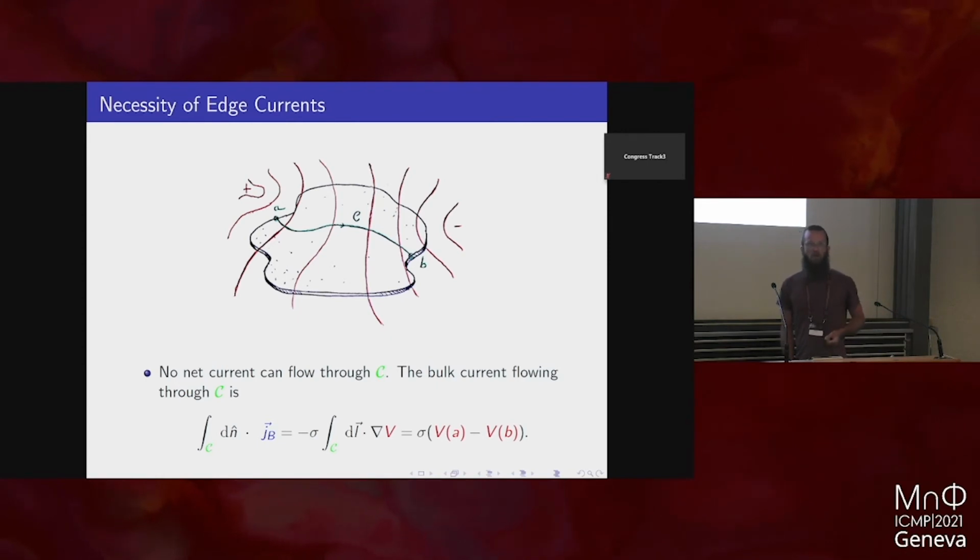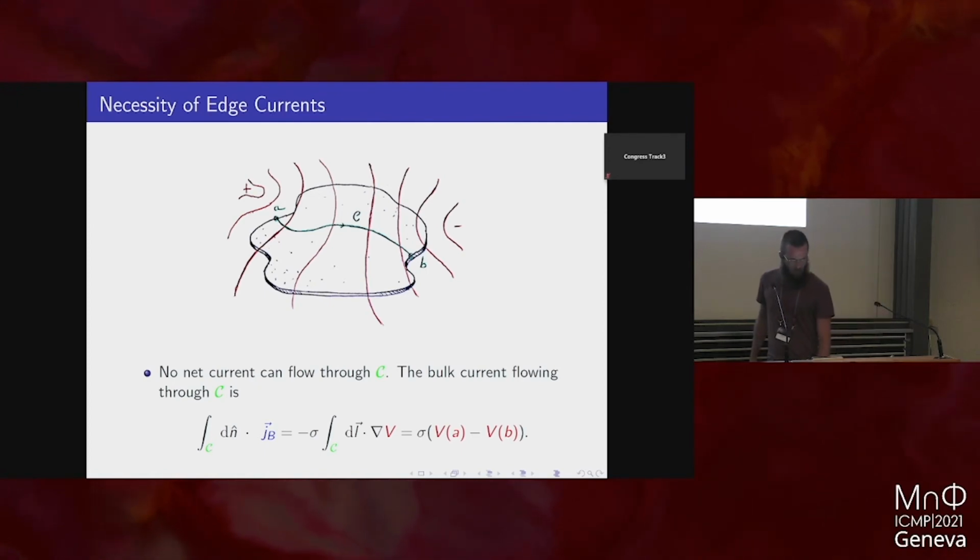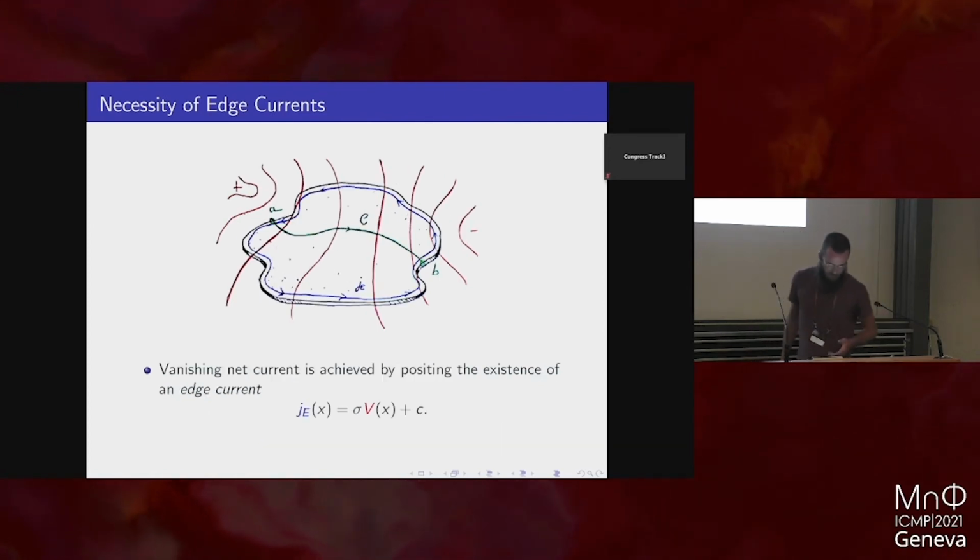So how can we fix the problem of a would-be charge buildup at this boundary? Well, we can fix the problem if, merely by the existence of a charge at a point on the boundary, this charge will automatically move away with the speed corresponding to an edge current given precisely by the value of the external potential at the boundary.